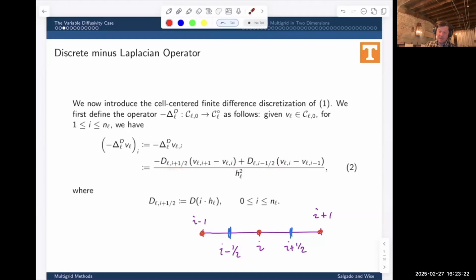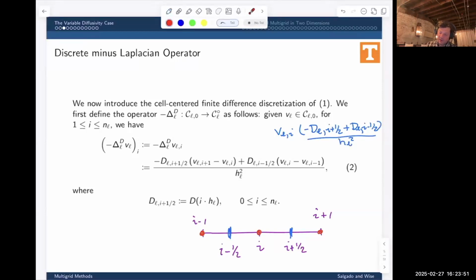So this center term, v_L,I: if I collect the two terms associated with that one, I'm going to have a plus and a minus diffusion coefficient. So it's going to be minus D_L,I plus a half and plus D_L,I minus a half, right? And of course, I can't forget I have to divide by h_L squared.